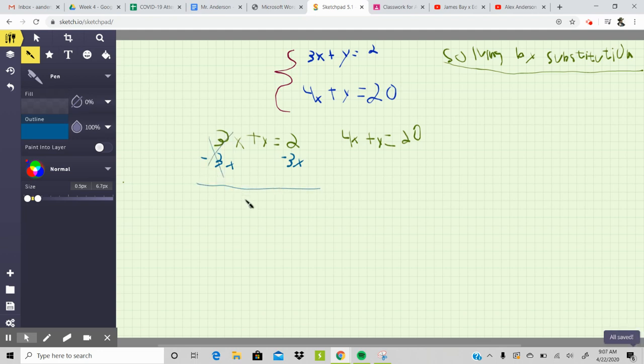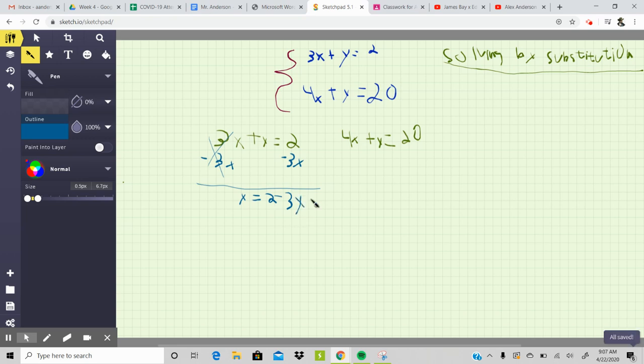And I'm just going to have y equals, now 2 and minus 3x, I can't combine those, they aren't like terms. So I could either write it as negative 3x plus 2 or 2 minus 3x.